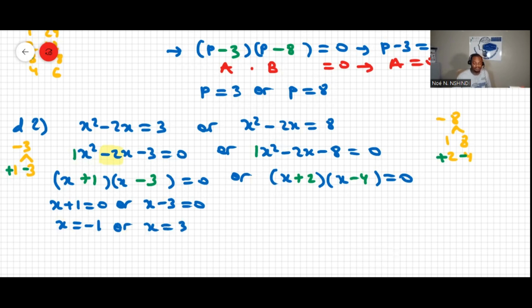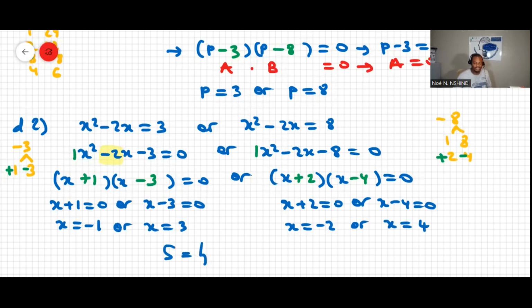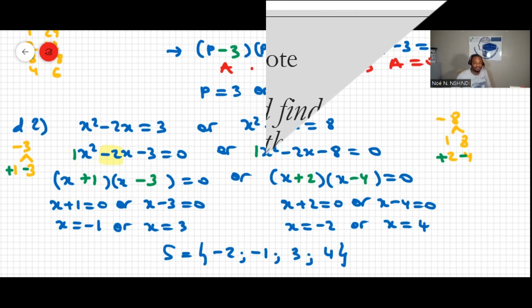And on the other side, this means x plus 2 is 0, or x minus 4 is 0, which means x is -2 or x is 4. The solution, I prefer to write in ascending order: -2, -1, 3, and 4. That's the solution for this equation. Thank you.